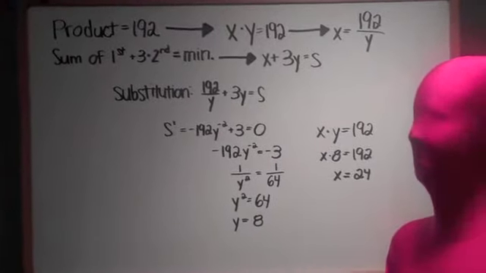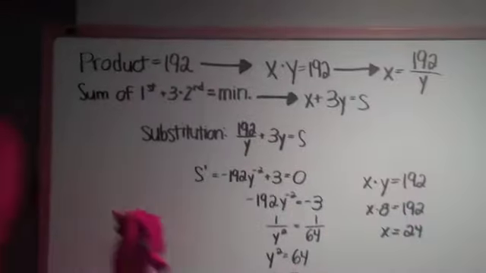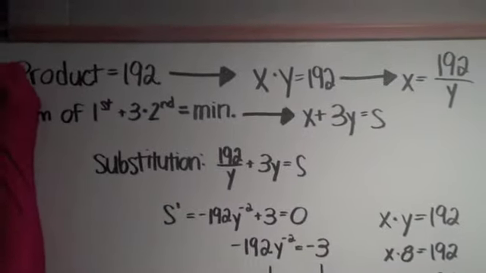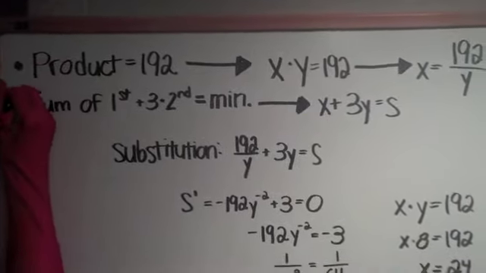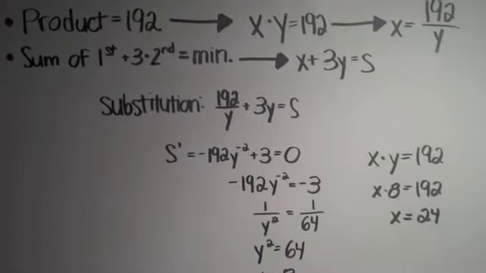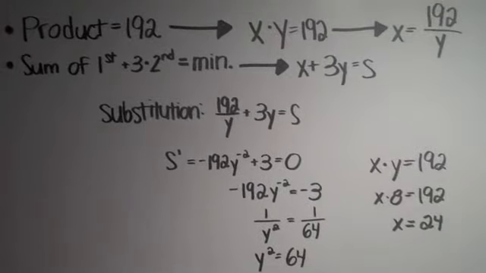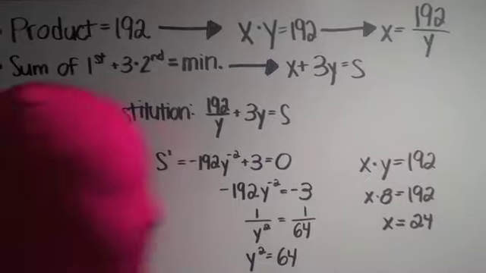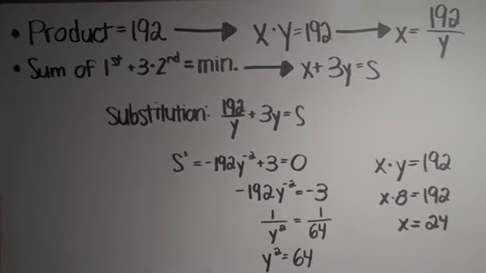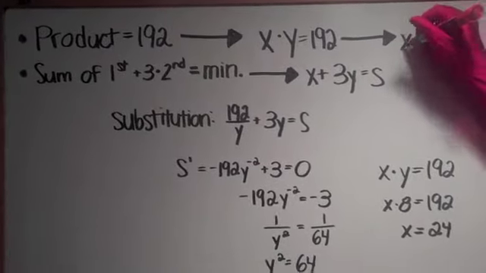These two equations are given. Therefore, the product of x and y is equal to 192. By solving for one variable, we get that x is equal to 192 over y.